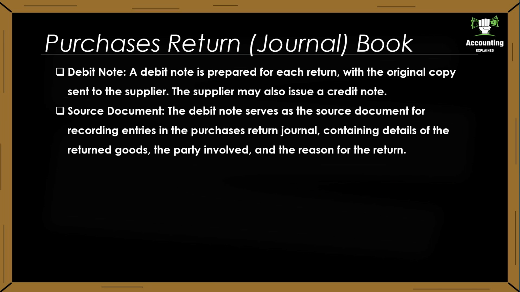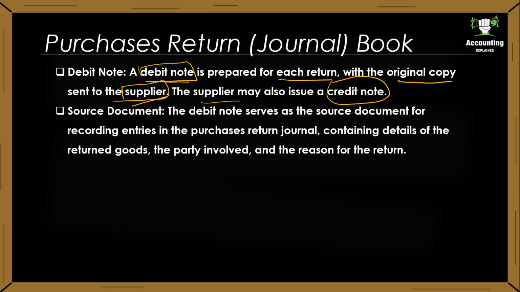What is a debit note? A debit note is prepared for each return, with the original copy sent to the supplier. Every return you make to the supplier, you have to raise a debit note. In turn, the supplier will give you a credit note.